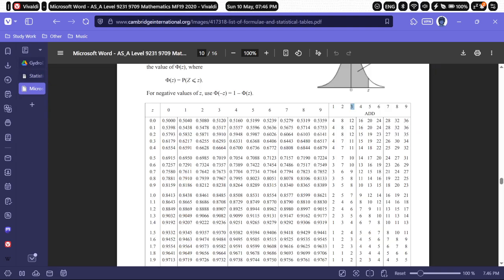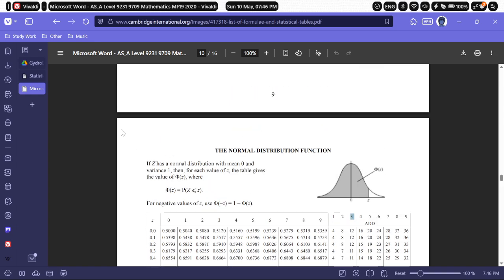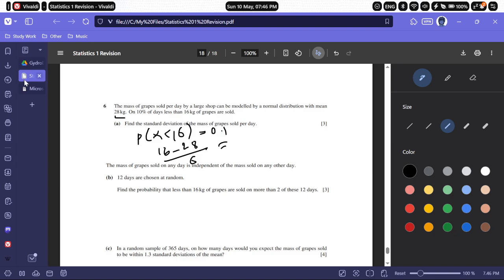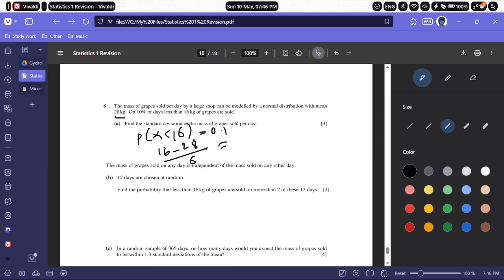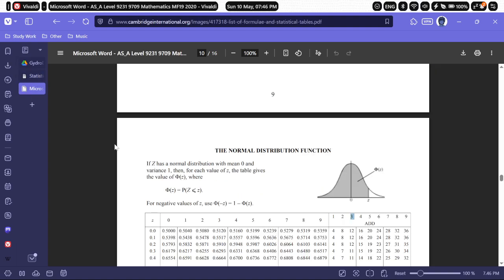If you think about it, find the z value for 0.9, because 1 minus 0.1 gives you 0.9. The z values for 0.9 and 0.1 have the same magnitude, but one of them is negative. The z value for 0.1 would be the negative of the z value for 0.9, if that makes sense.